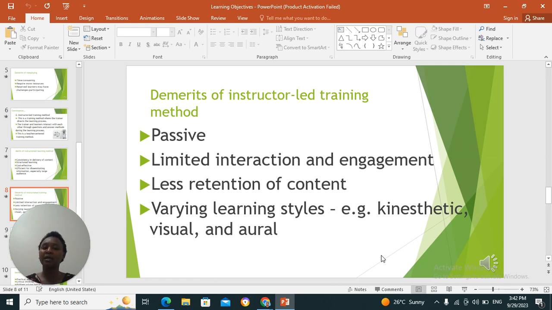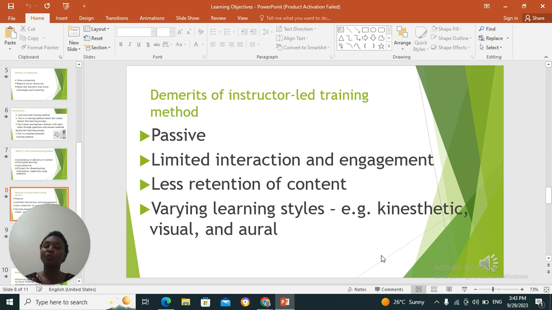And because this type of training method is passive, it means that the learners retain less content. Those learners who retain content by seeing will be disadvantaged. Those learners who understand content through hearing are going to benefit because it's a lecture.